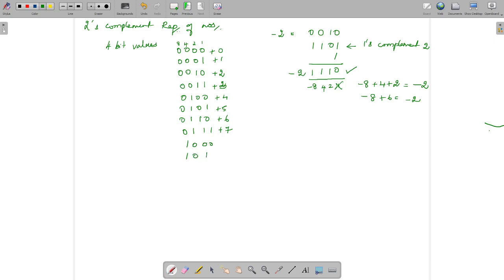So it is 0 0 1 1, 1 0 1 0, here, and 1 0 1 1, and marking this as 1 and taking the other two values as 0.